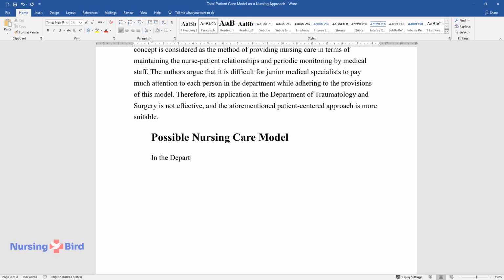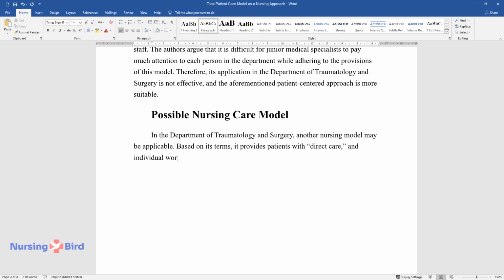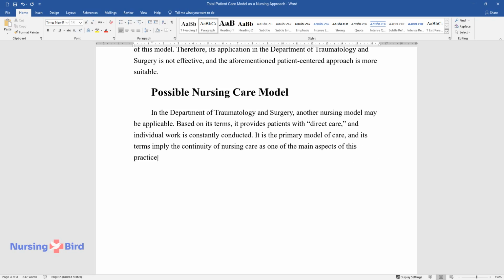Possible nursing care model. In the Department of Traumatology and Surgery, another nursing model may be applicable. Based on its terms, it provides patients with direct care, and individual work is constantly conducted. It is the primary model of care, and its terms imply the continuity of nursing care as one of the main aspects of this practice.